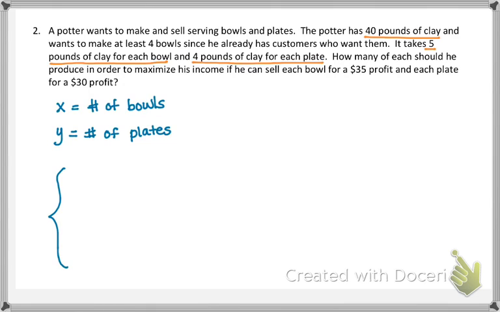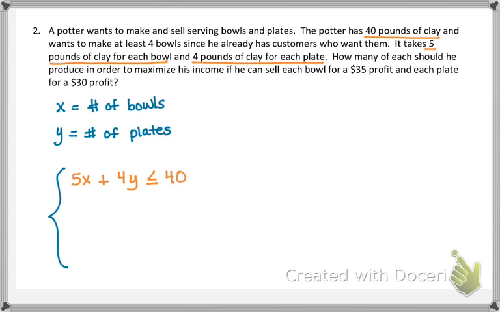So one inequality that we can come up with is for the amount of clay that we have. That would be 5 pounds for every bowl plus 4 pounds for every plate has to be less than or equal to 40 pounds because we don't have any more than that.